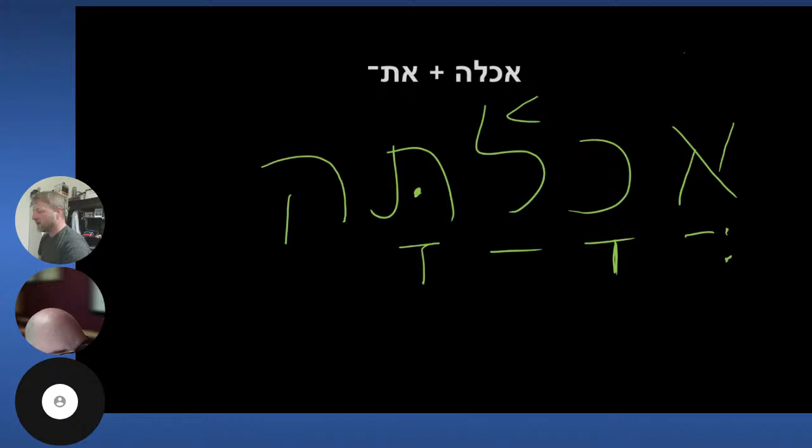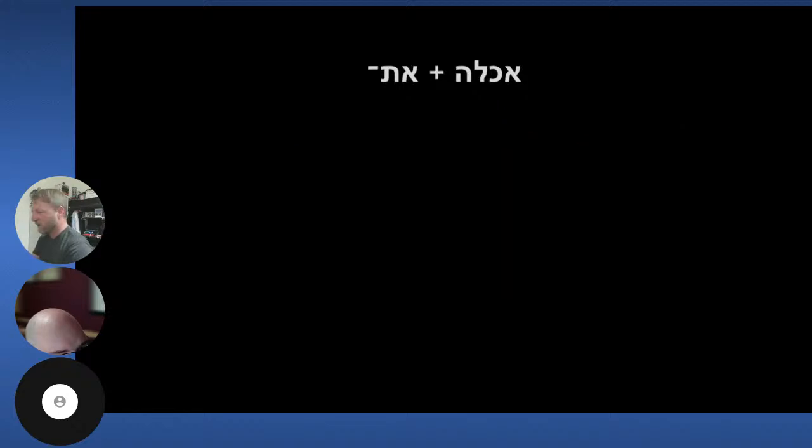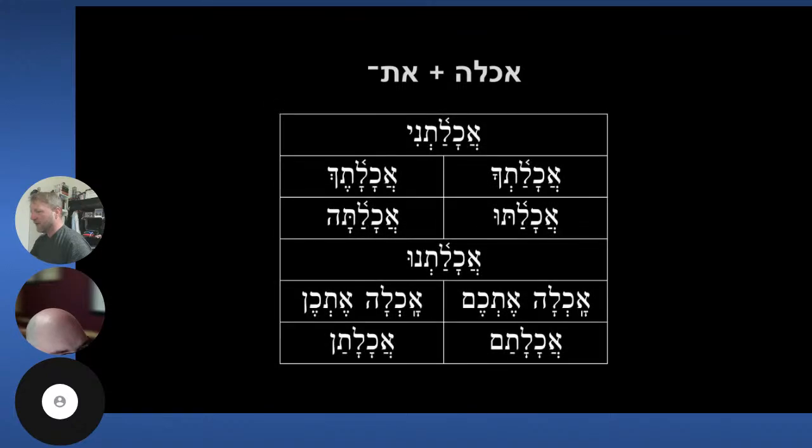She ate it, or she ate her, or it devoured her, she devoured it. Whatever it is, okay? Whatever is masculine and feminine. Whew, this is a fun one. Let's look at the whole table, okay? We'll look at the whole table, and this is what we get.